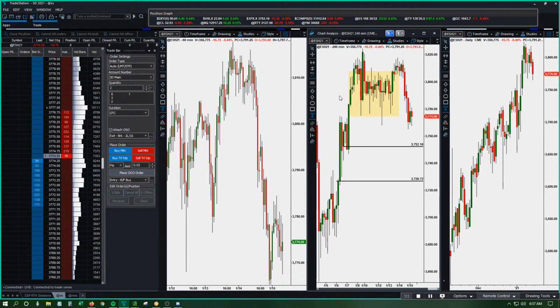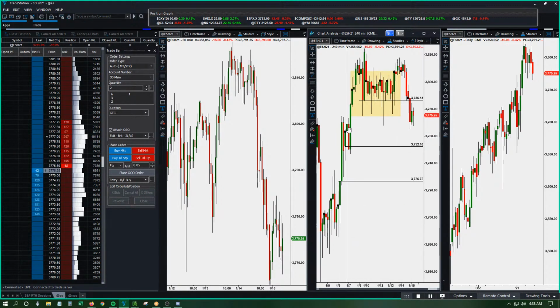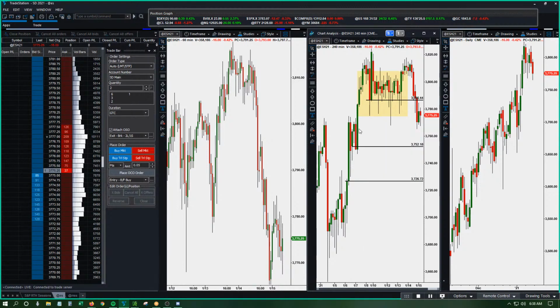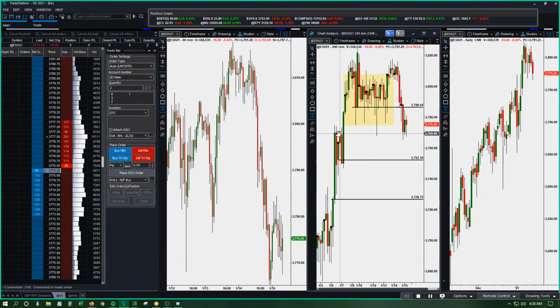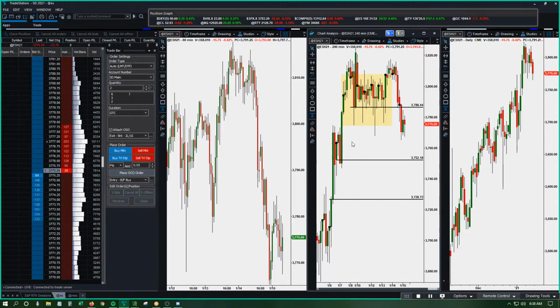And this 240 minute definitely shows you the range that we had been in. That got broken. Well, right back into this area that took out the previous highs, right here, 3760-ish, 3750-ish.